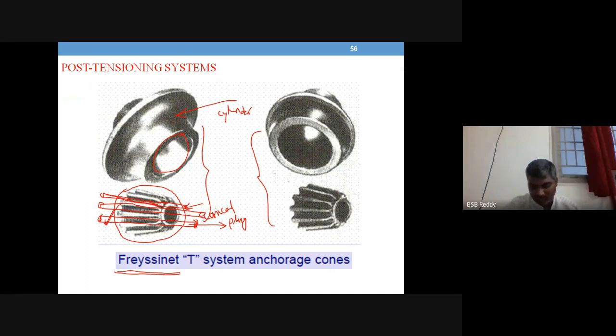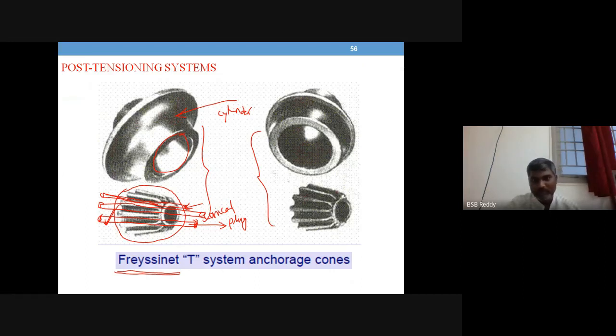By the wedge action of the cylinder and conical plug, the wires are lined longitudinally through these grooves. We have grooves here like slots.